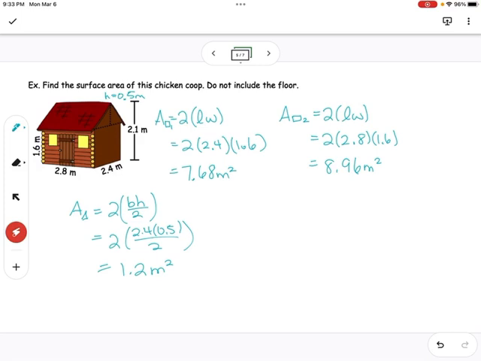Now looking at our roof, we have rectangles. We know the length of the roof is 2.8, but we do not know the width of the roof. We need to find that. So again, we notice that our roof creates a right angle triangle. And the height of that is 0.5. And halfway across the base is 1.2, half of the 2.4.